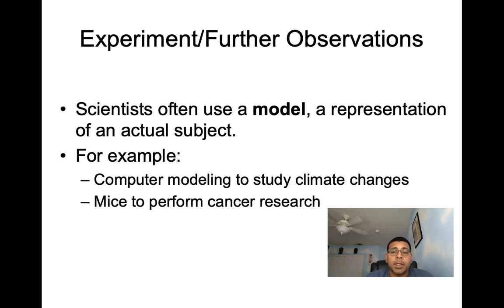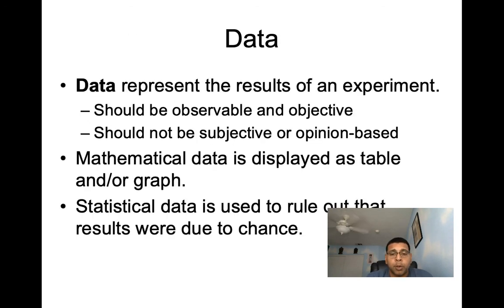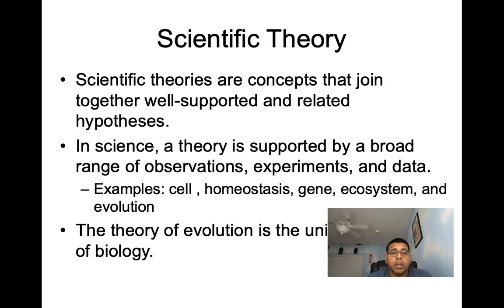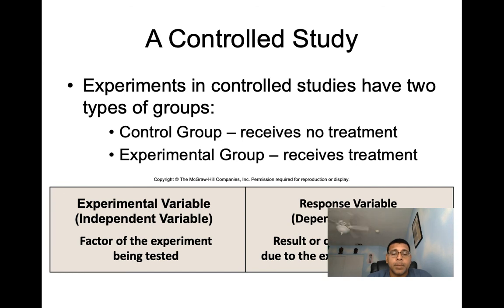Further experiments and observations. Formulating data. Coming up with a conclusion. And then formulating a scientific theory. And then we talked about the controlled study. All right, that concludes the first chapter.